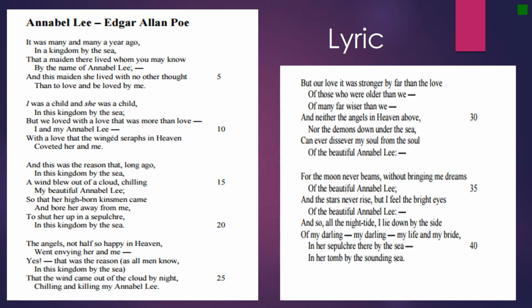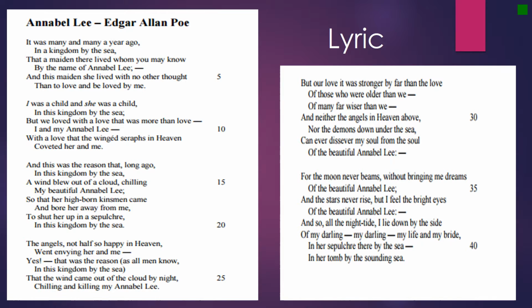The angels, not half so happy in heaven, went envying her and me. Yes, that was the reason, as all men know, in this kingdom by the sea, that the wind came out of the cloud by night, chilling and killing my Annabel Lee. But our love, it was stronger by far than the love of those who were older than we, of many far wiser than we, and neither the angels in heaven above, nor the demons down under the sea, can ever dissever my soul from the soul of the beautiful Annabel Lee.